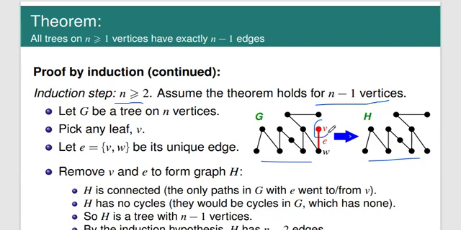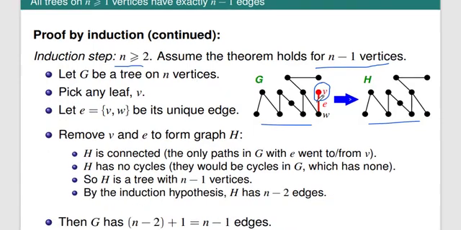We remove one vertex and its edge from graph g, and we make a new subgraph. So we have now removed vertex v, a leaf, so its edge is also removed. Now h is also connected. Why? Because g is connected. h has no cycle because g has no cycle.